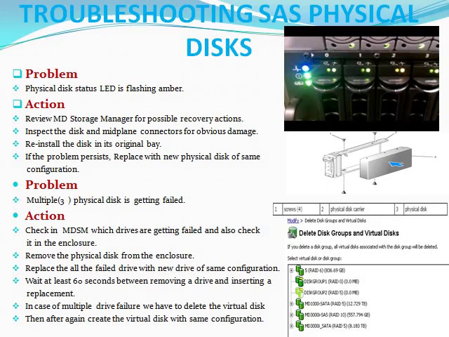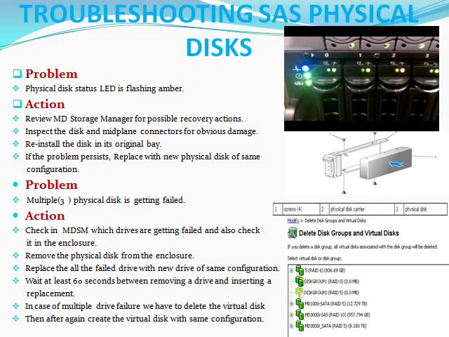Now, how to troubleshoot a physical disk? Suppose we are getting the physical disk status LED flashing amber. Review the MDSM for possible recovery options, inspect the disk and the connector for obvious damage, and reinstall the disk in its original slot.